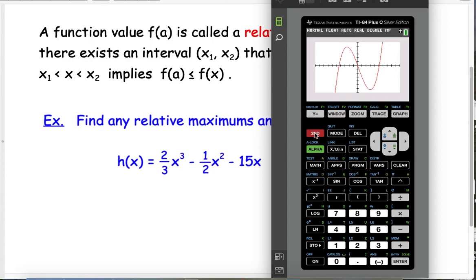So I'm going to press second trace, calculate number 4, a maximum. Give me a left bound, so I'll move the cursor to the left of it. Enter. It wants a right bound, so I'll move it past the high point. Enter. Give me a guess, just press enter. And notice it's negative 2.499998. So we can probably guess it's negative 2.5. And then the output is 23.95.